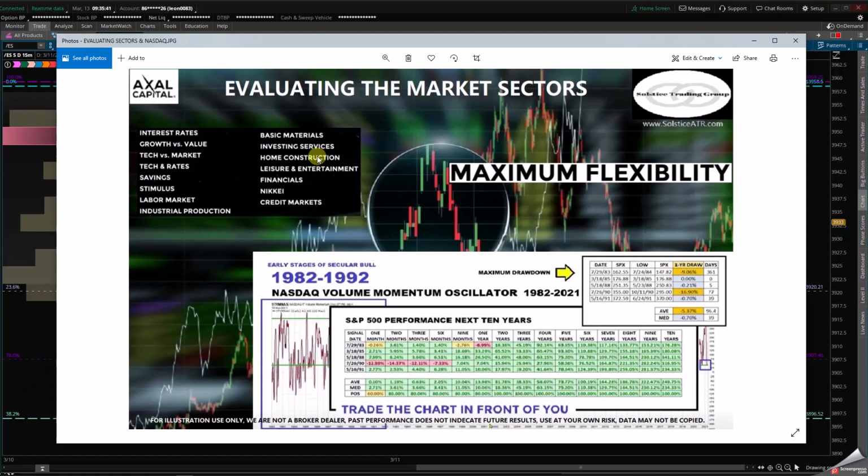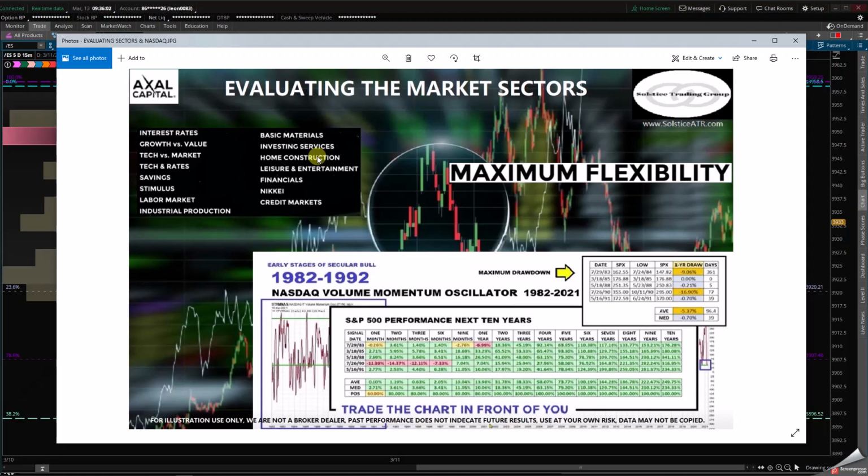We looked over the financials. I did not look at the Nikkei, the futures in the Japanese market. You can look at the 6J, which is the currency itself, or the USD/JPY, or their index in the markets. I did not go over the credit markets, which we did cover.